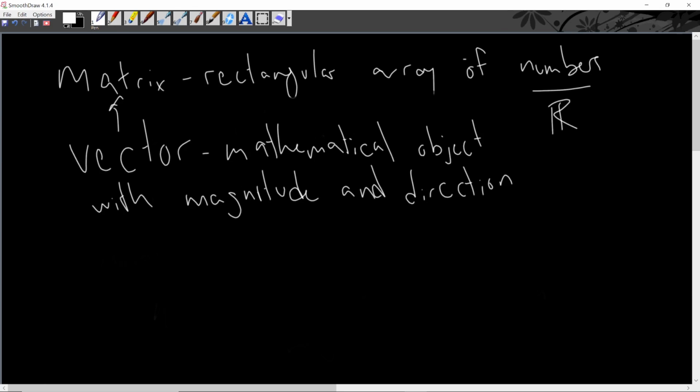It's just a rectangular array, and for vectors that only have one row or one column, this will be just a list of numbers. We will be working with both of these, and since we're doing matrices, this will also be relatively important, but for right now, that first definition, the mathematical object with magnitude and direction, is what we're going to be working with.